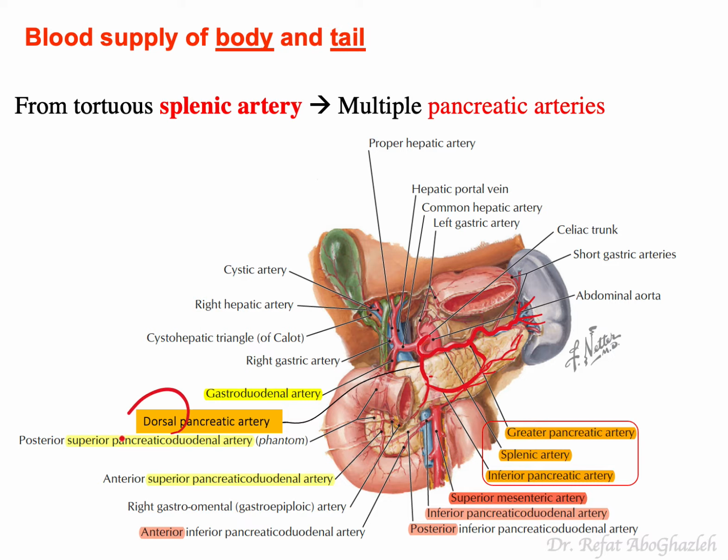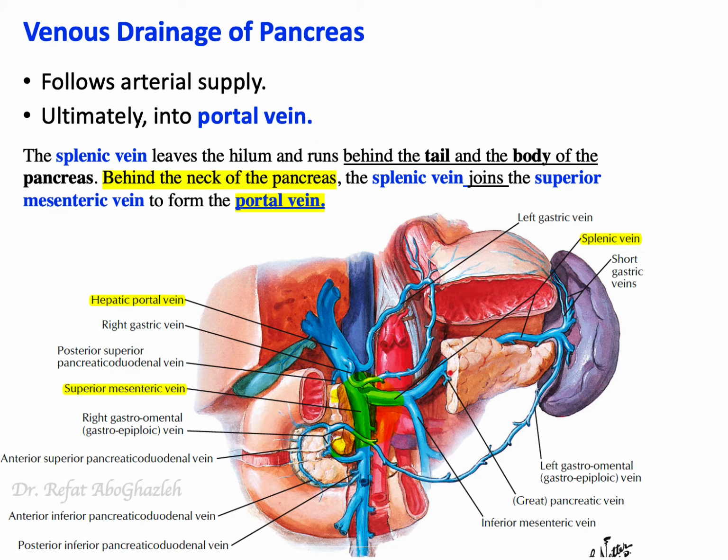So as I mentioned, you have dorsal and the greater pancreatic arteries, and from the dorsal you have inferior pancreatic one.